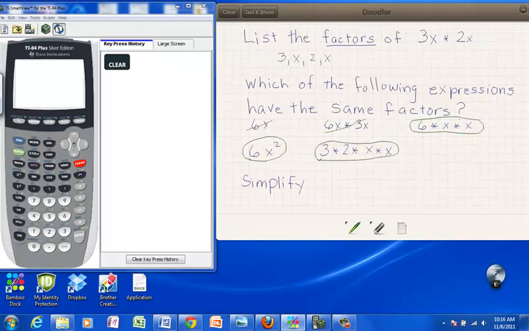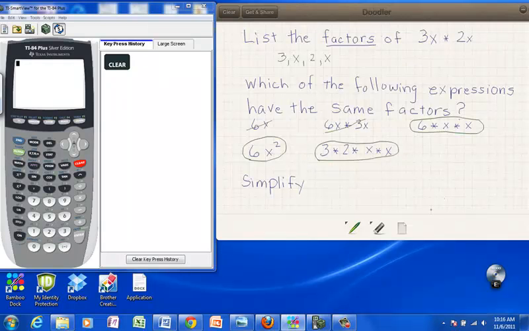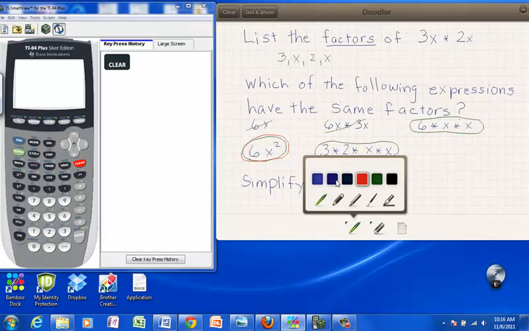Now, which one of those 3 that we found would you say is the simplest form of writing the final answer? And hopefully you pick this as the one that is the simplest way to write that answer. So let's try a couple more where you're simplifying.